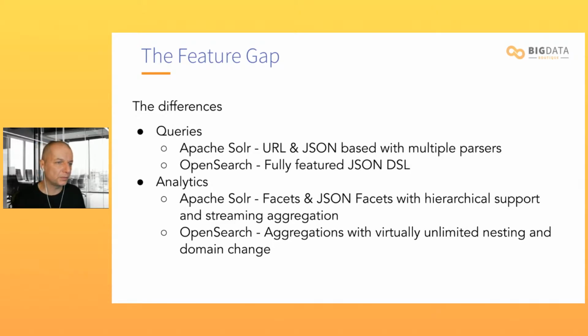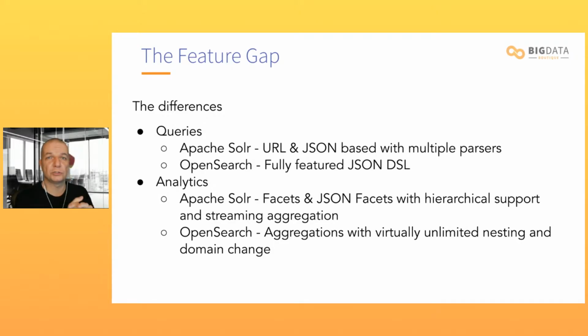When it comes to OpenSearch, we have aggregations with, I would say, almost virtually unlimited nesting and domain change. So you can select which documents you want to actually calculate the aggregations on. Take term aggregations, so get the top authors. On top of that, calculate how many posts and what's the average, let's say, number of stars per post, and then do another grouping and so on. Virtually anything.